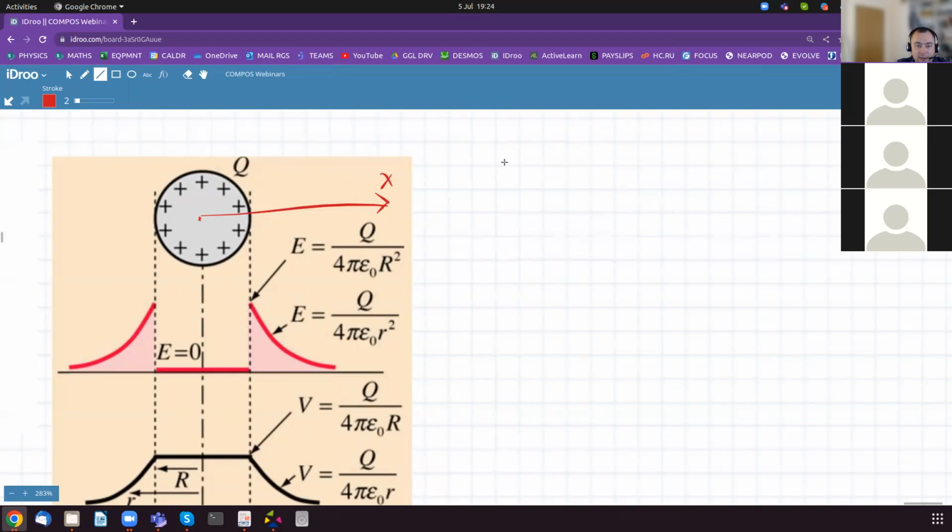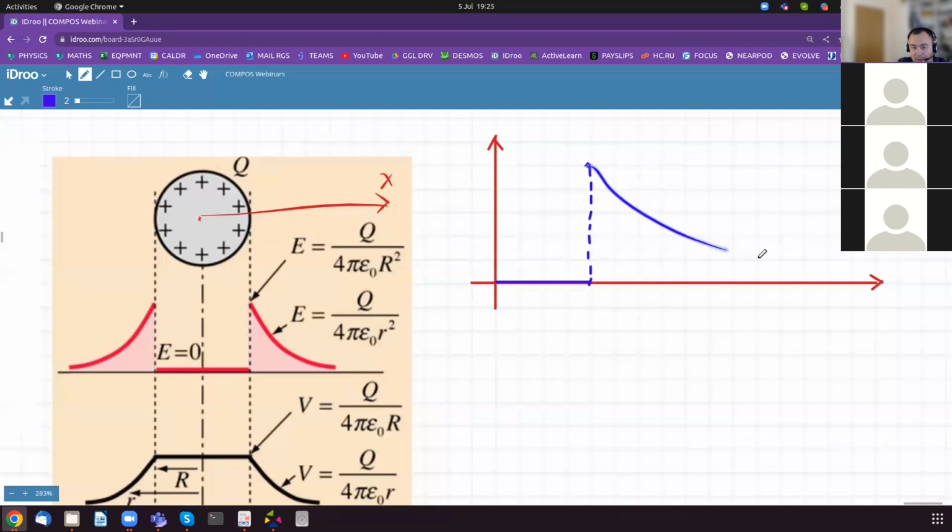If we were to draw a graph of the electric field, in one of the questions, you need to prove that the electric field inside the sphere is 0, doesn't change. And then outside the sphere, it behaves just like an inverse square law, so it's proportional to 1 over r squared.